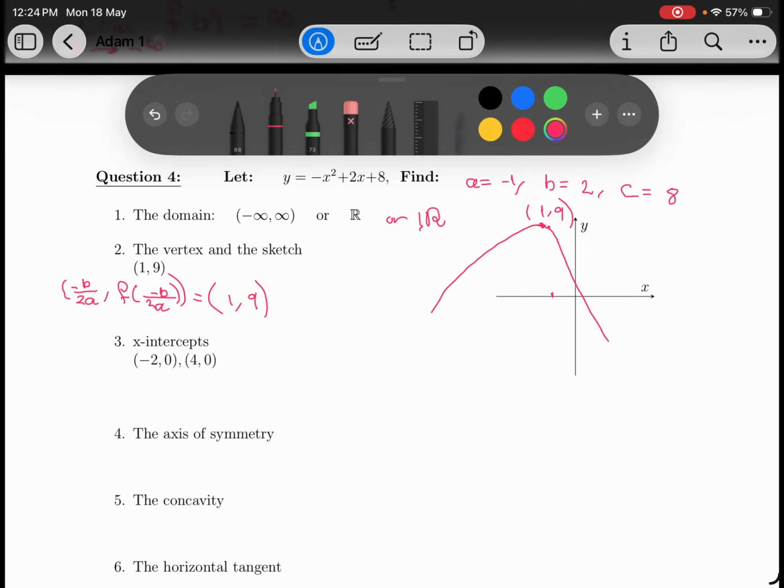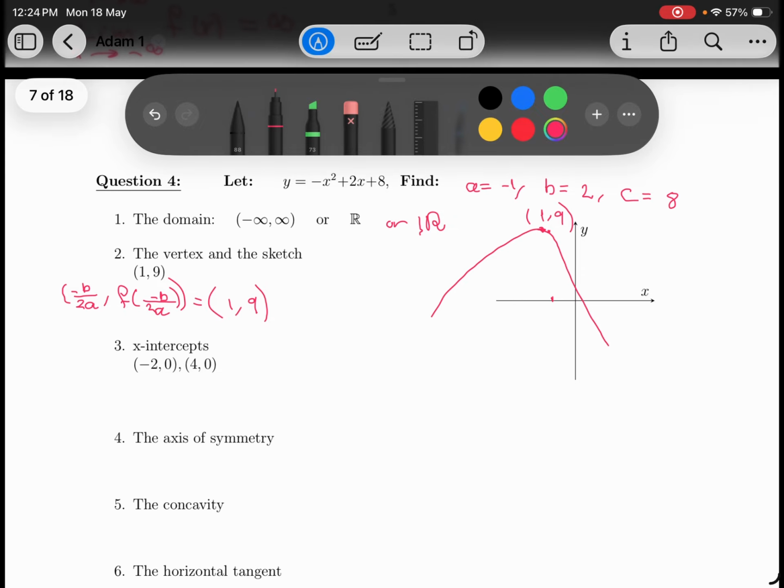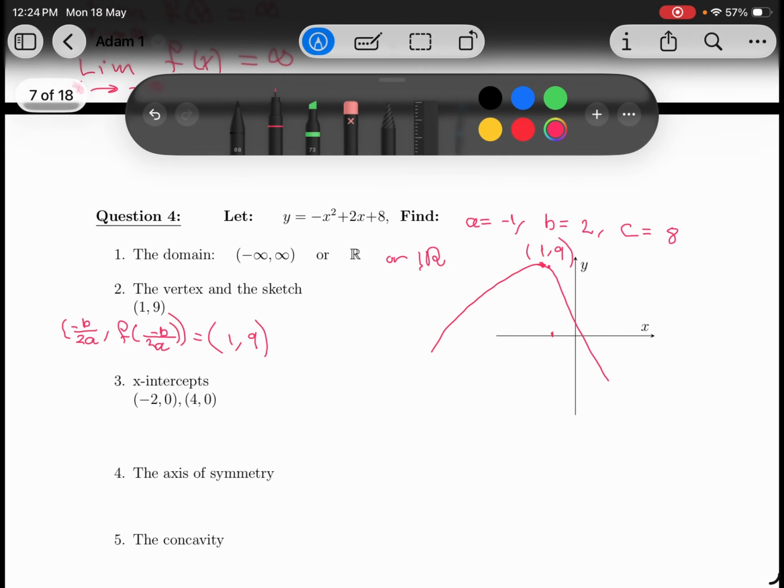So this is not y, this is the x-intercept. So I have now the vertex and a brief sketch, okay? As you see, guys, I have the sketch here. For the x-intercept, I will take this, which is minus x squared plus 2x plus 8, and make it 0.